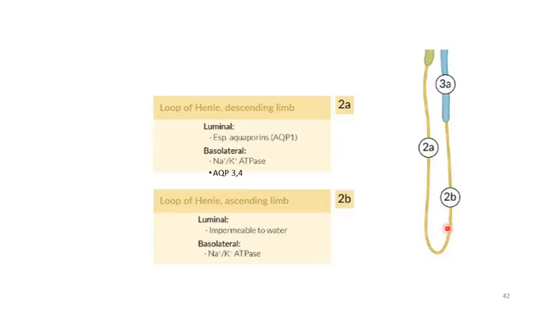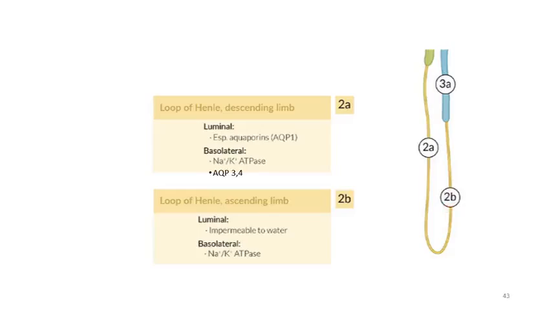For the thin ascending limb of the loop of Henle, these cells are impermeable to water and also other solutes. But in the basolateral membrane, they have active sodium-potassium pumps.